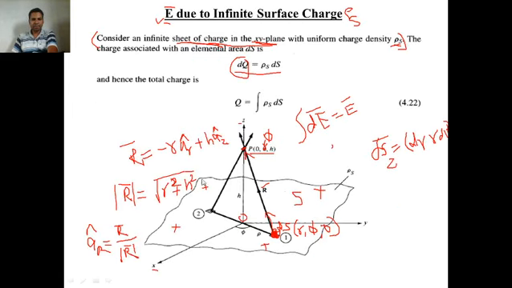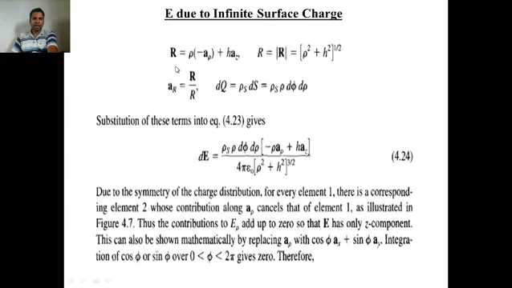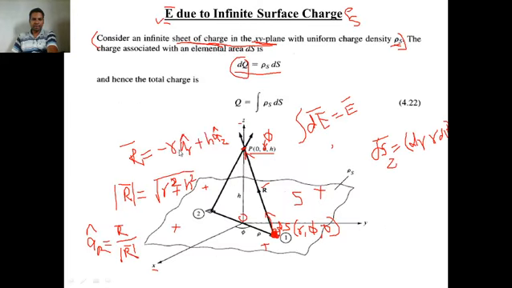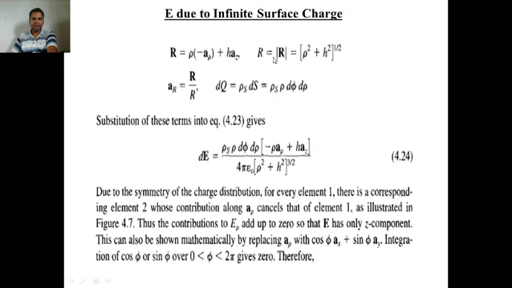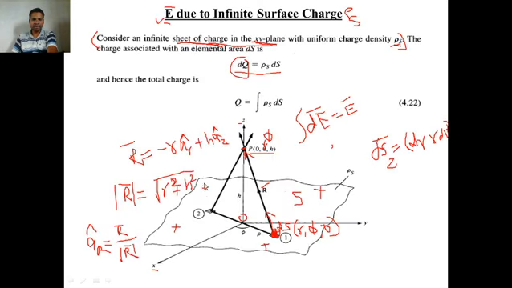So you understood? Okay. The r bar we obtained here is written as minus r a r cap plus h a z cap. The magnitude of r bar is the square root of r square plus h square, which means the bracket r square plus h square bracket raised to 1/2.